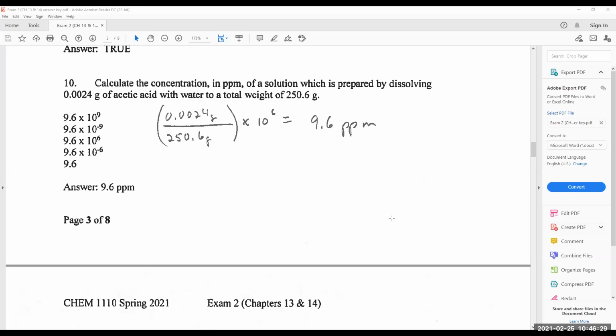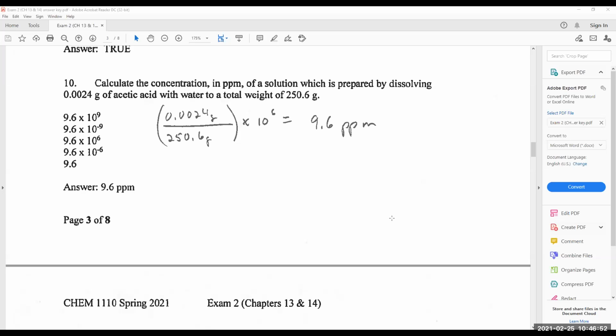So in this case, we had our 0.024 grams of the acetic acid. Divide that by the 250.6 grams for the total weight. And then we multiply it by 10 to the 6th to give us the ppm value. So remember, that's the whole purpose of the ppm, so you don't have to write all these exponents.